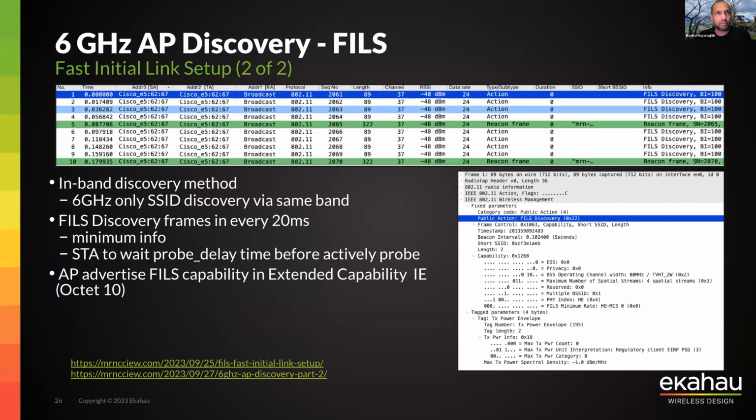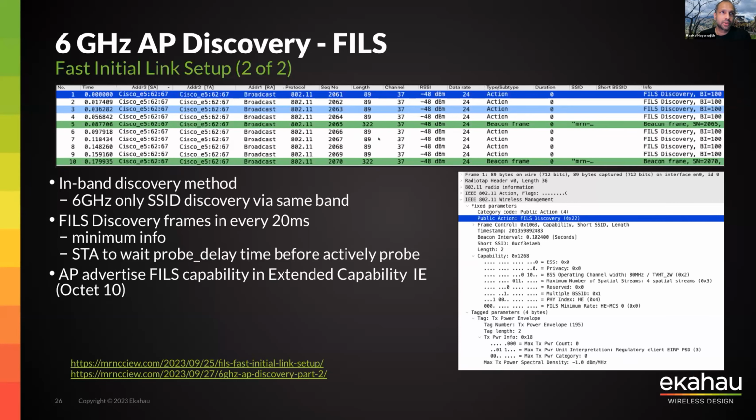What is in this FILS discovery frame? If you look at the frame capture, it has basic details: what the SSID is about, the short SSID field is listed, and it gives the channel details. Then the client can actively probe and connect. You can see in the frame capture that beacon frames come every 100 milliseconds, and in between, every 20 milliseconds, you will see the FILS discovery frame.